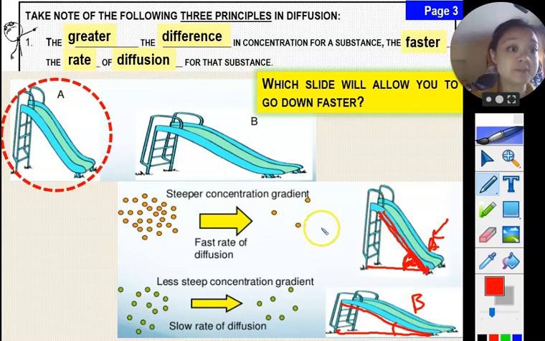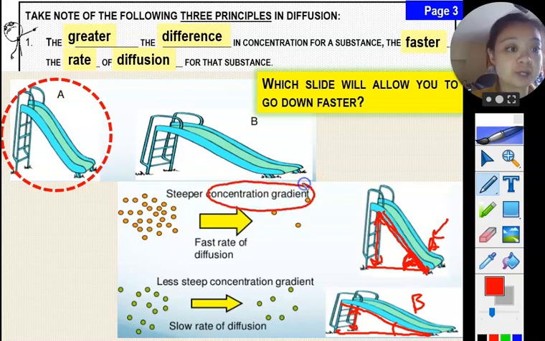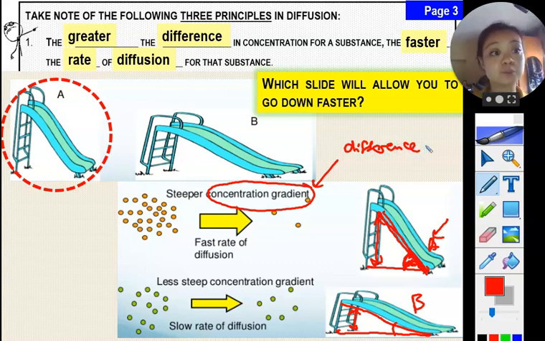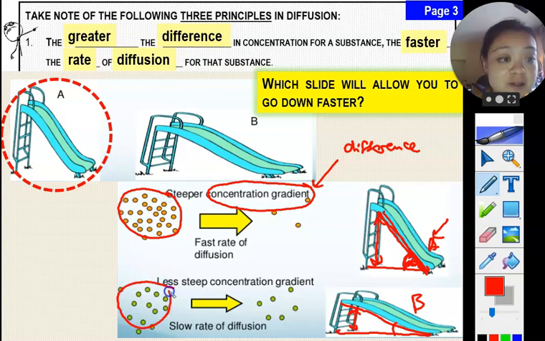So I want you to just imagine the analogy is the height of the slide is very similar to the concentration gradient. Now remember, gradient is just another word for difference. In the exam, you don't have to use the word gradient. You can just say difference, and that is also the same. So you can see that there are more yellow particles here versus green particles here.